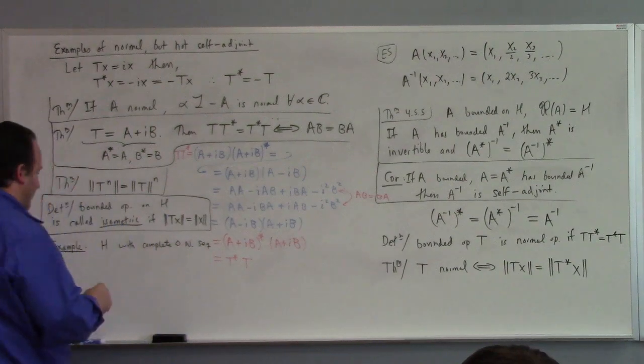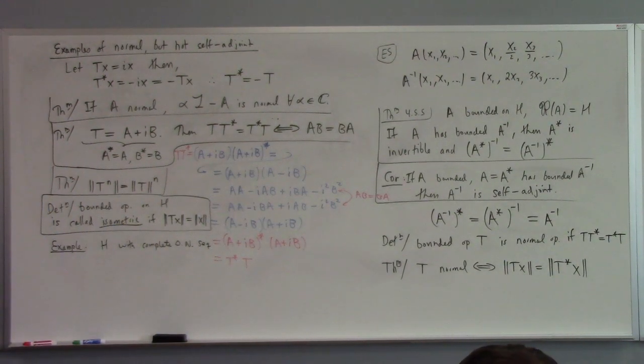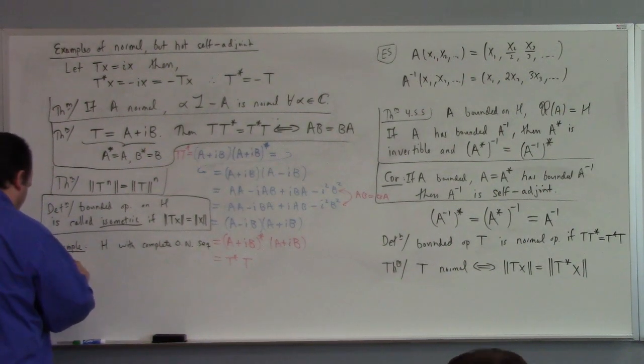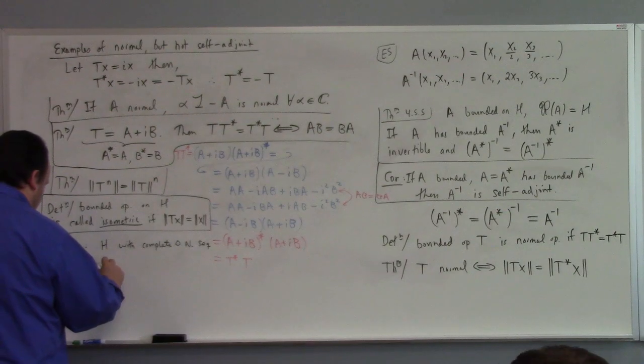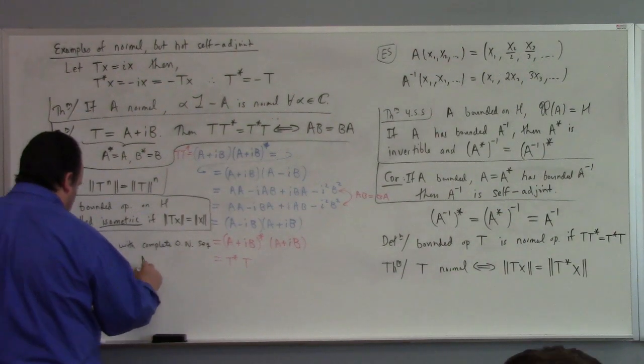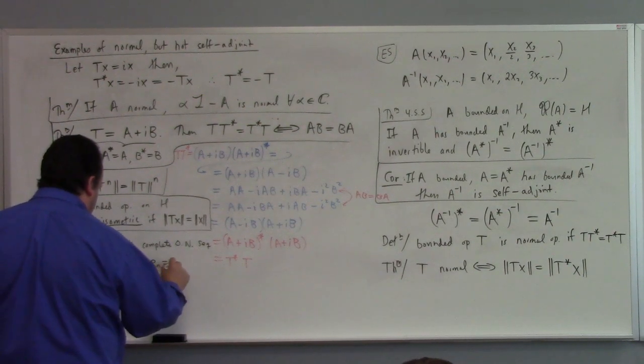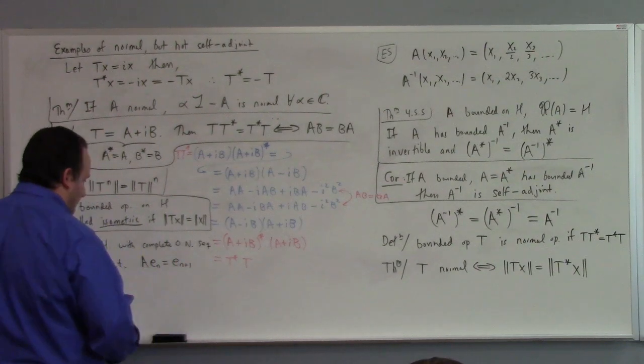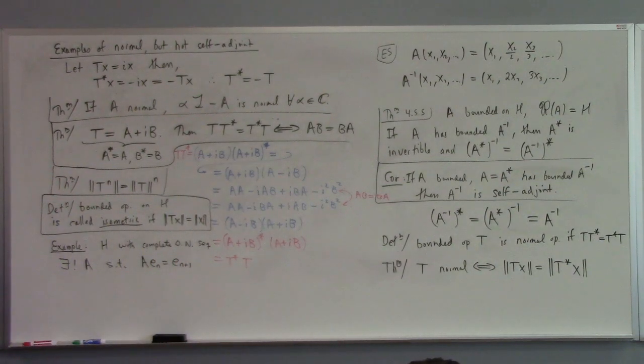I think this would be a separable Hilbert space. He says then there exists a unique operator A such that A of e_n is equal to e_{n+1} for all n.